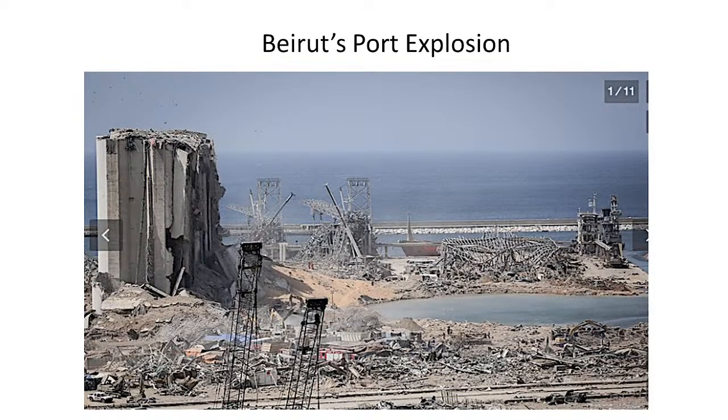Any idea about the Beirut port explosion? There was a ship container which had been there since 2016, and here comes the role of rules and regulations on how to protect your chemicals.